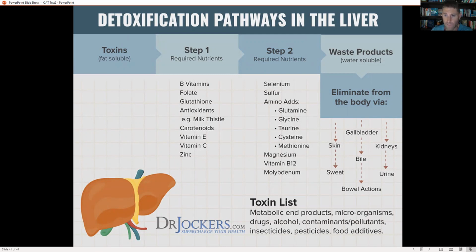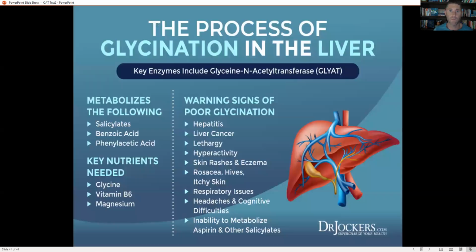We need sulfur, we need selenium, we need magnesium, B12, molybdenum for the sulfur pathway, in order to really move these things through. And then we finally eliminate toxins through our skin, through our bile, which flows out through our bowel, and then through our kidneys and our urine. So very important that we have these processes going.